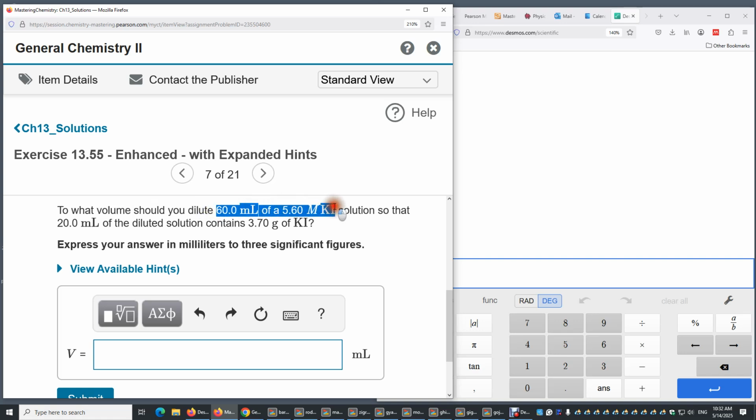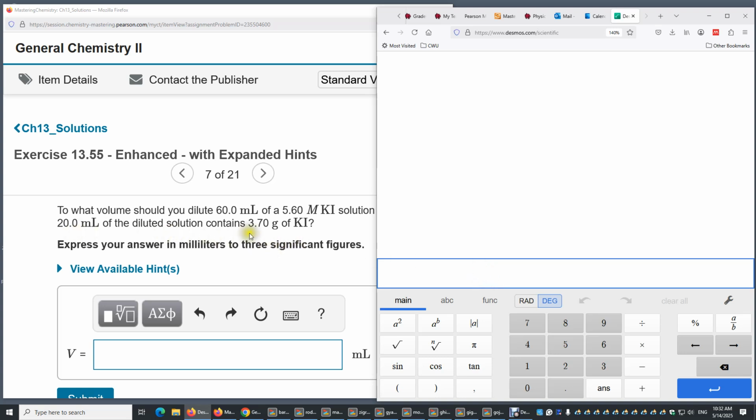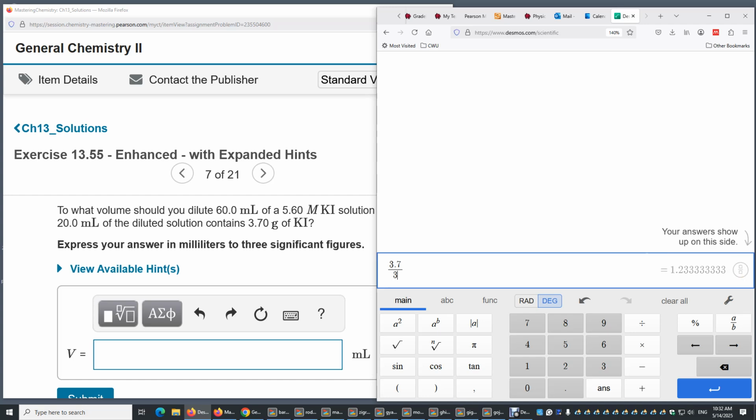So over here, the multiplication of the volume and the molarity will give us the number of moles of potassium iodide in the original solution. So we'll just calculate the concentration first. We have 3.70 grams of KI divided by the molar mass of KI, potassium 39.1, iodine is 126.9.